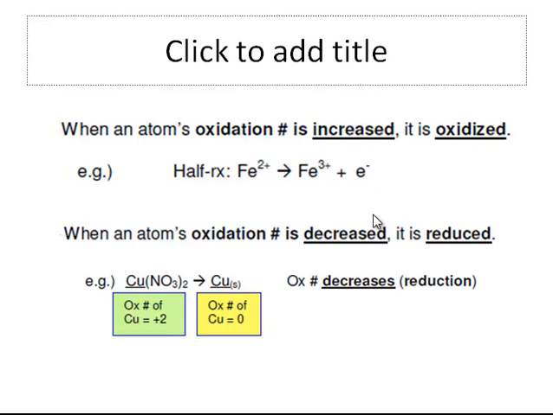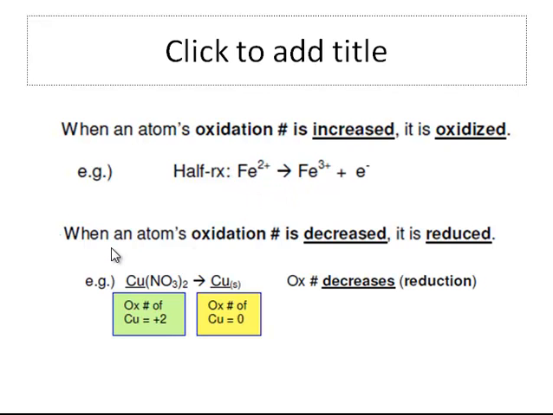Once again, we'll reinforce that when the oxidation number is increased, it is oxidized, and the reason is it's losing electrons. Right over here we can see that Fe2+ becomes Fe3+ plus an electron, so it's losing this electron, the oxidation number is increased, and it is getting oxidized.